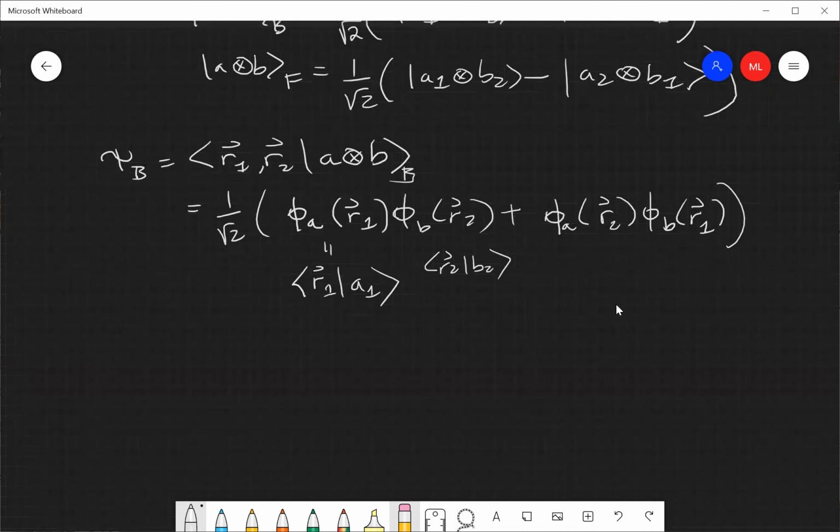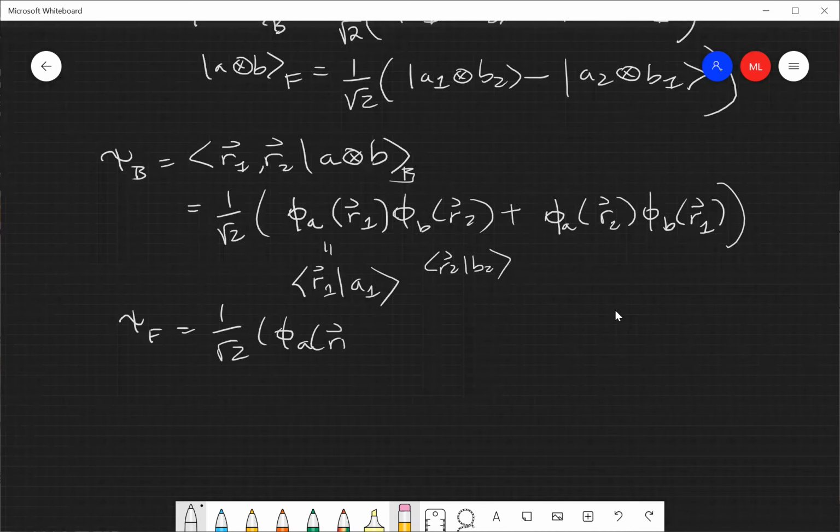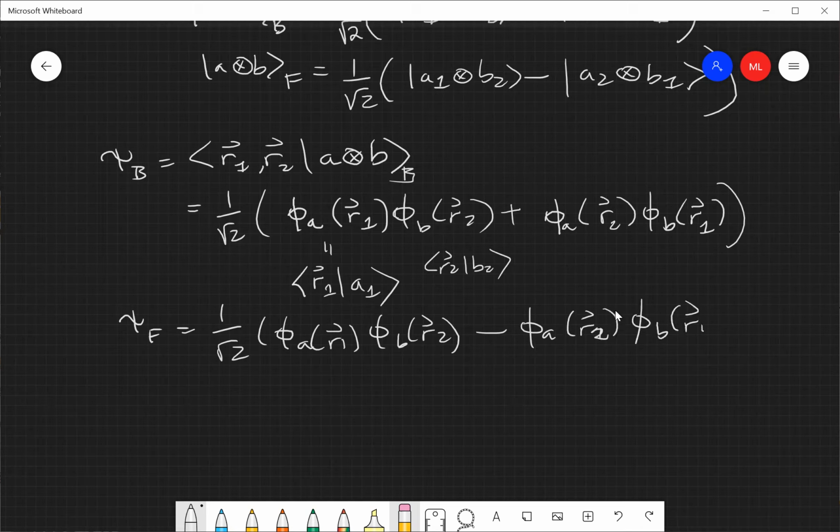So that's the bosonic one, and the fermionic one, of course, is the same thing, except with a minus sign. You get 1 over root 2, phi A R1, phi B R2, minus phi A R2, phi B R1.